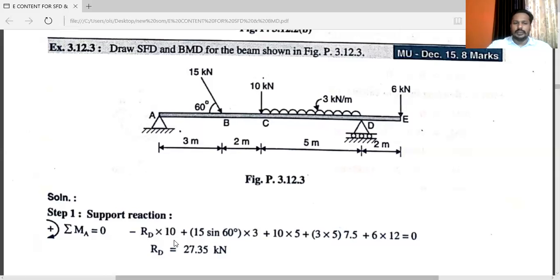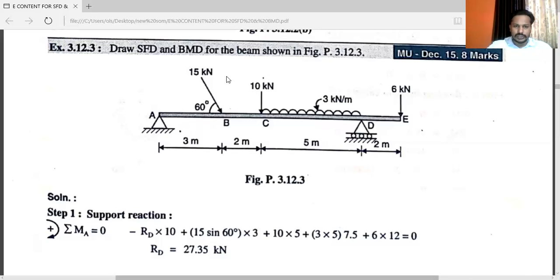So minus RD into 10 plus, this 15 kilonewton acting at point B is inclined, so there will be two components. The first is horizontal, that is 15 cos 60, and the other is vertical, that is 15 sin 60. 15 cos 60 is passing through the same point A, so there is no perpendicular distance and its moment will be 0.